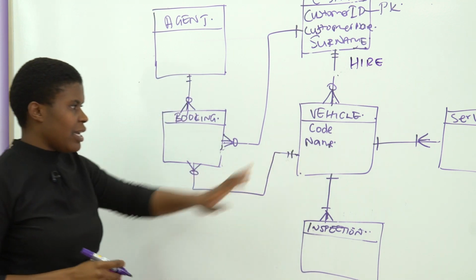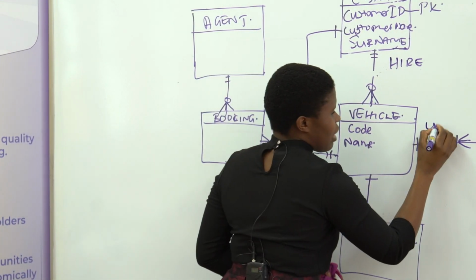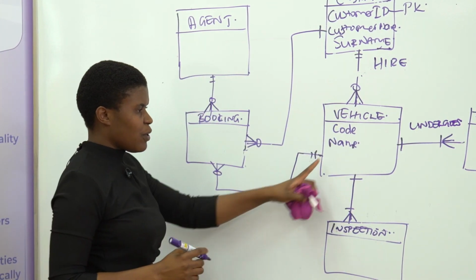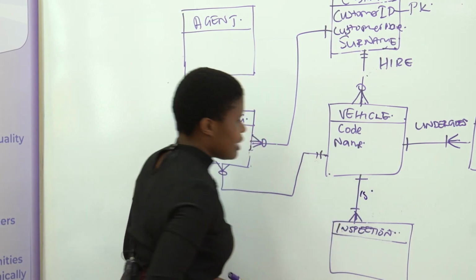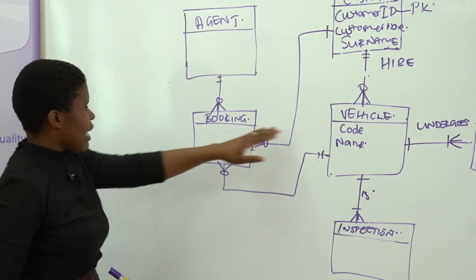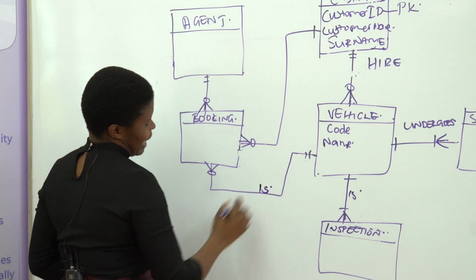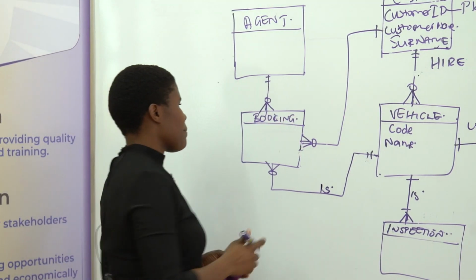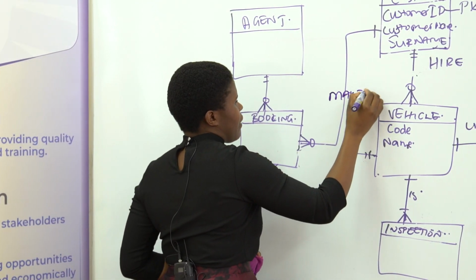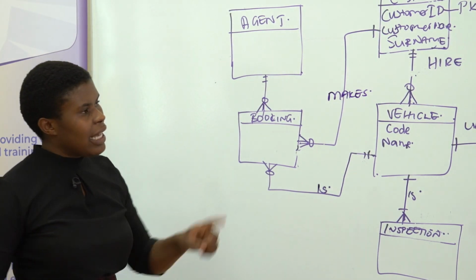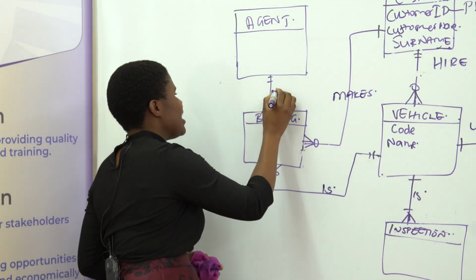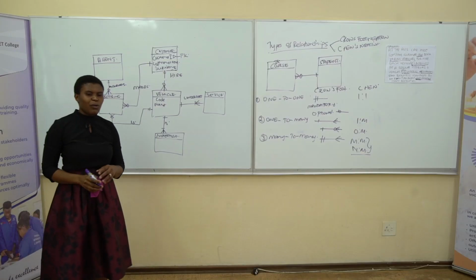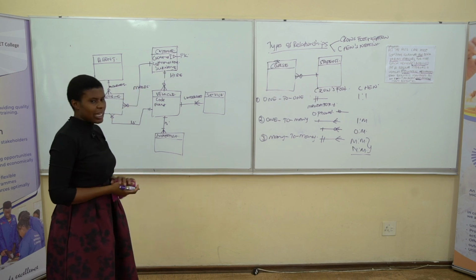A customer hires a vehicle, a vehicle undergoes service, and of course a vehicle is inspected, a vehicle is booked. You can simply use words because we are talking to the entities. A customer makes a booking, and an agent manages bookings. So these are the relationships that you can create.